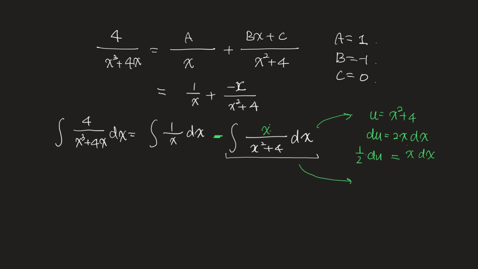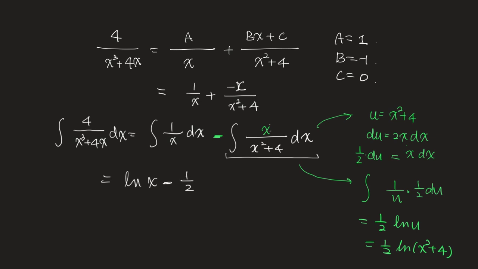So this integral is the integral of 1/2 du over u, which is 1/2 ln u, that is 1/2 ln of x squared plus 4. That's the second part. The first part is not a problem: the antiderivative of 1 over x is ln x. So we get ln x minus 1/2 ln (x squared plus 4) plus c.